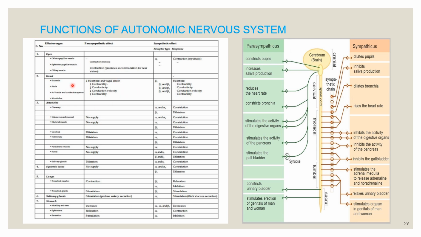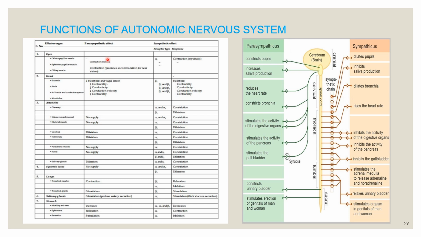Then coming to the heart. The heart has nodes and a muscular system. All the parts of the heart have both sympathetic and parasympathetic innervation: the SA node, atria, AV node and conduction system, and ventricles.